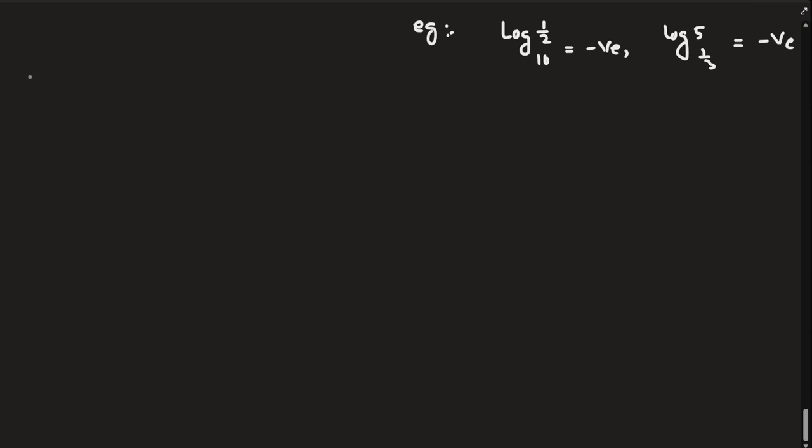Property number 2. This is known as the fundamental logarithmic identity.